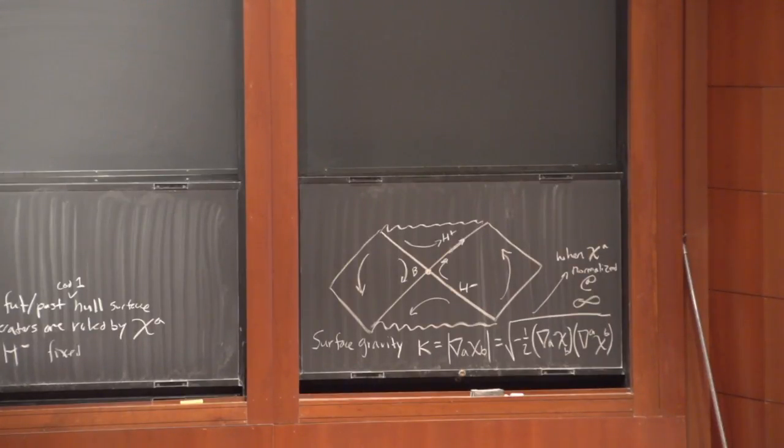I end up with a quantum state that's pure on what I'm going to call the outside and the inside. Everyone agreed with that? So it's obtained from this Euclidean path integral.